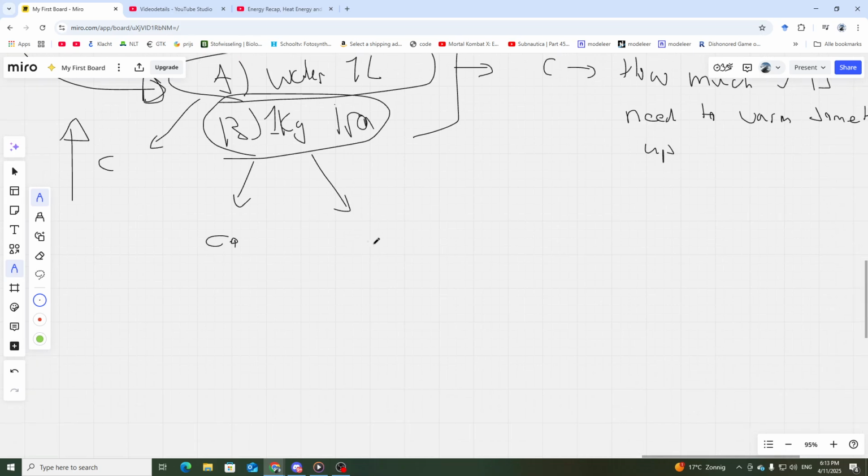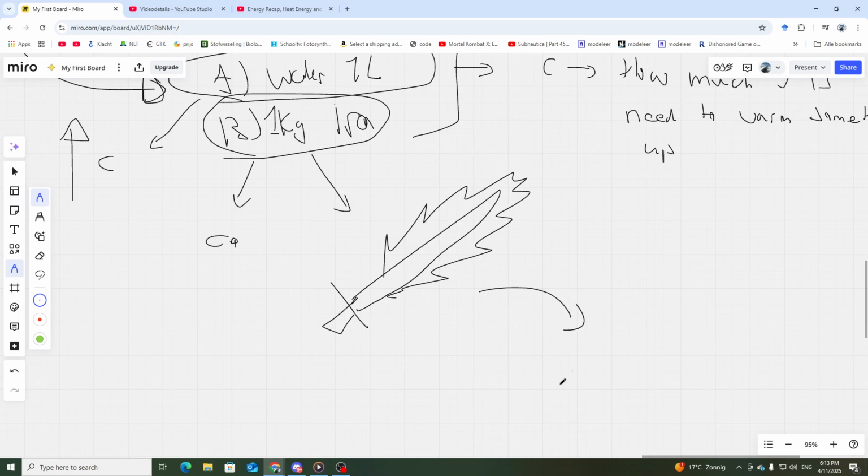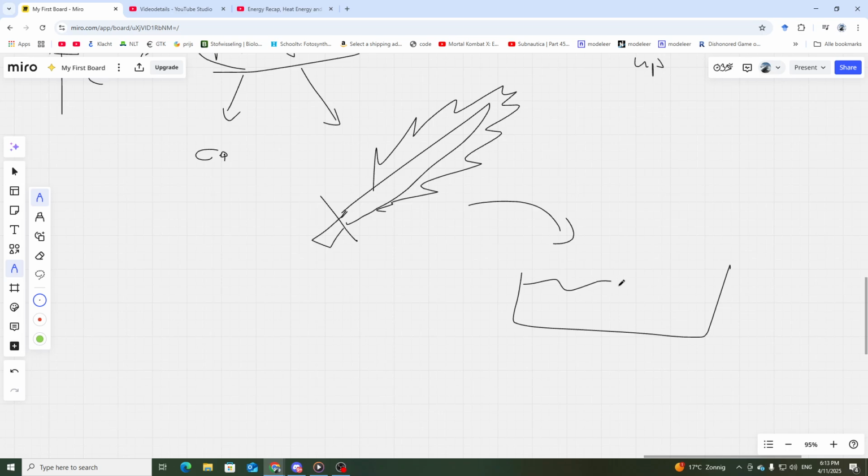Another way to think about this is you've probably seen those videos of swords being made, glowing hot, and they put them in some water. And within seconds, this red glowing hot piece of metal turns into just normal metal again, because it is so easy to change the temperature of a metal.